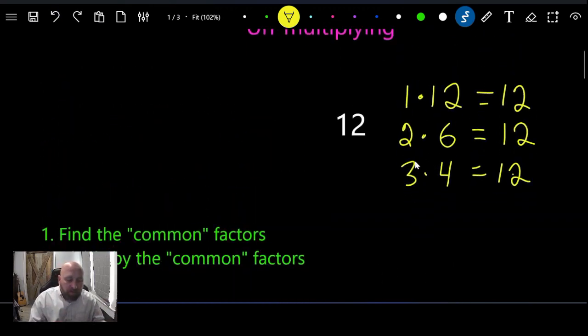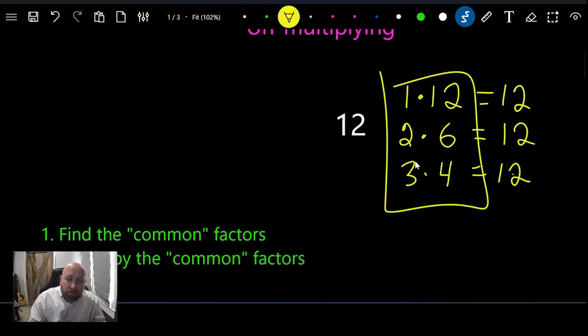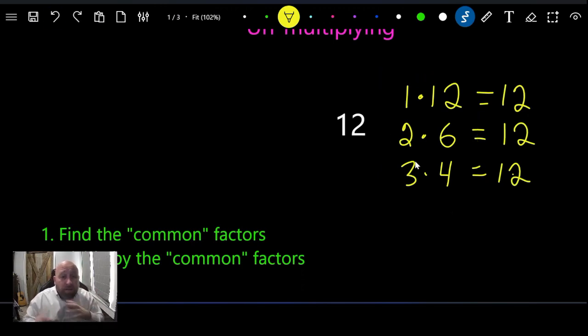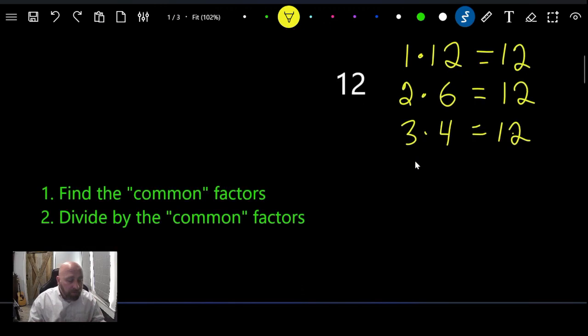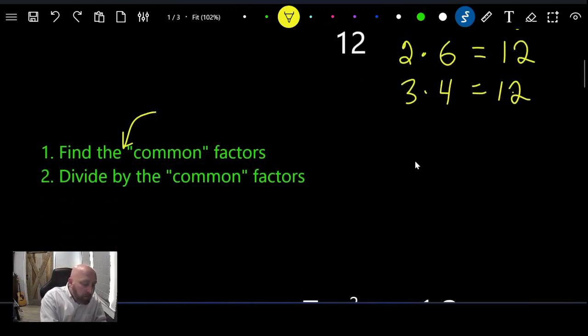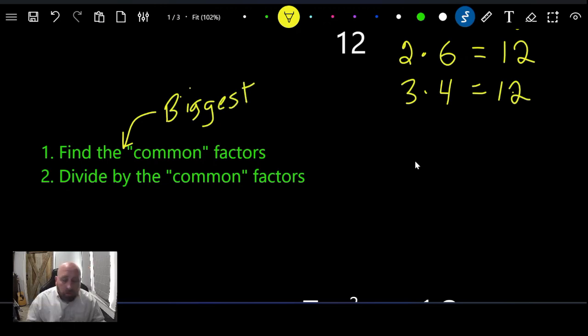Basically we have to do this to each one of them, and we have to say, okay, what is the number that goes into both of those? And we want to use the greatest, the biggest common factor. So I might even put here, we want to find the biggest, or you've heard that called the greatest common factor.